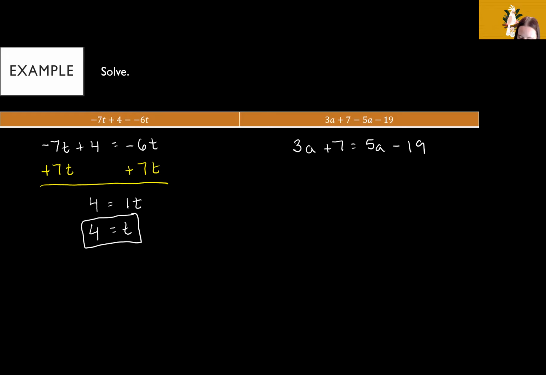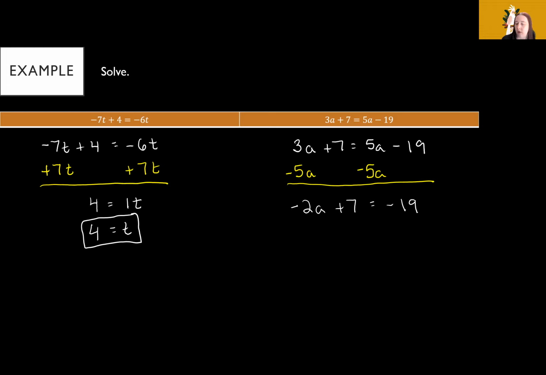That means my 5a, I want to move to the left side. I'm going to subtract because it's positive. So that's going to be a minus 5a, and I'm subtracting 5a from both sides. So 3 minus 5 is negative 2. So I got negative 2a plus 7 equals negative 19.